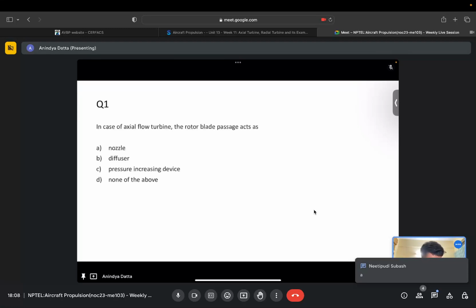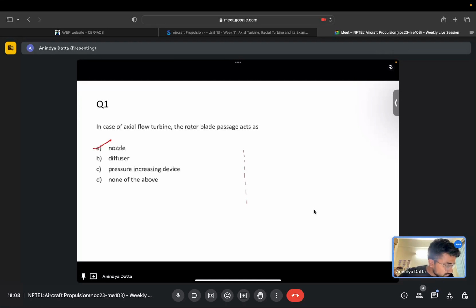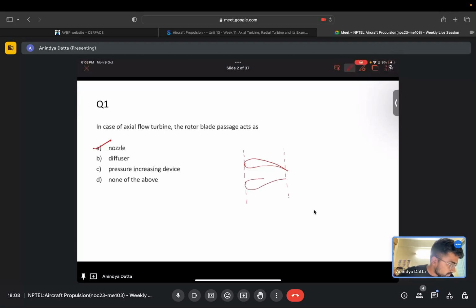Yeah, right. So in case of axial flow turbines, the rotor blade passage acts as a nozzle. In a turbine, we'll see something like this: AI is greater than AE.